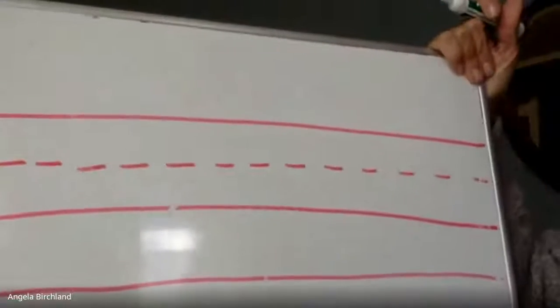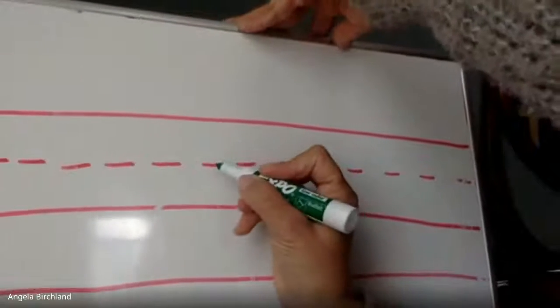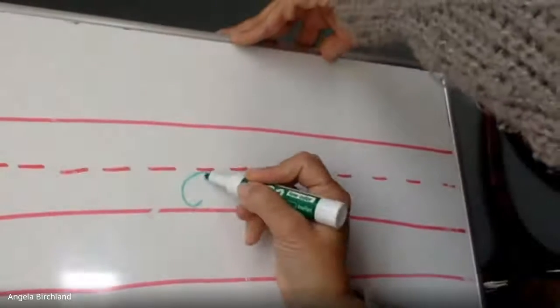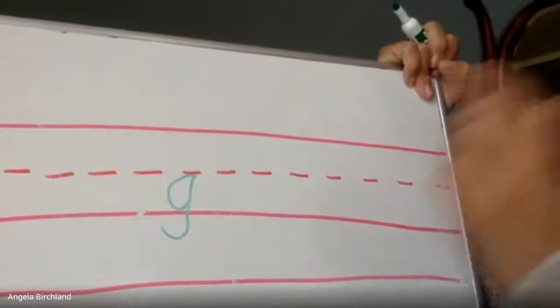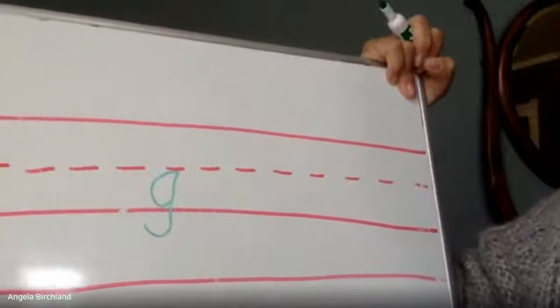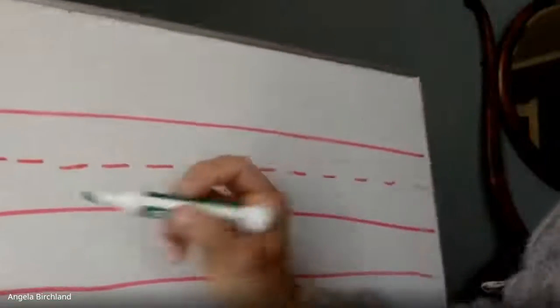You could write it like this. Little C curve, little line down, and then another C curve. G says G.